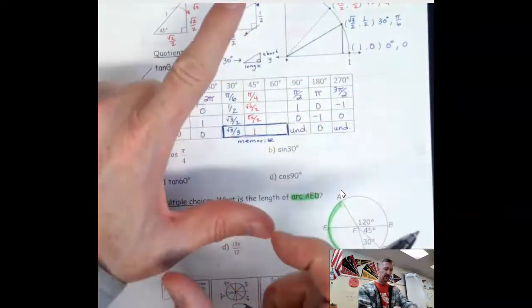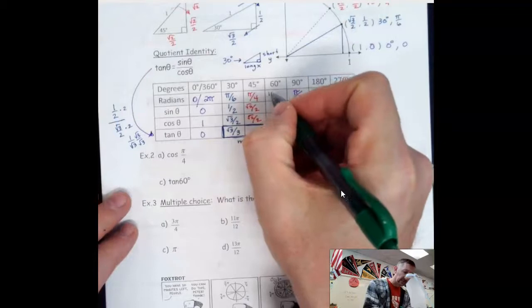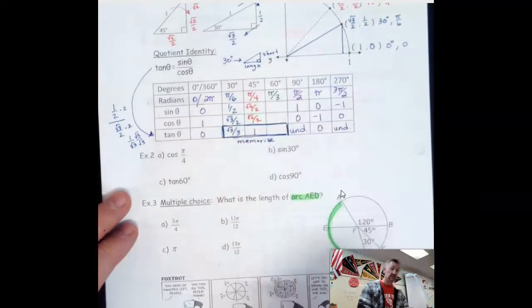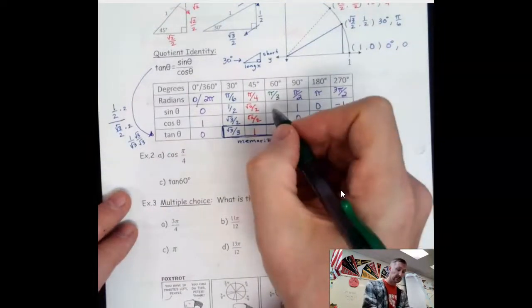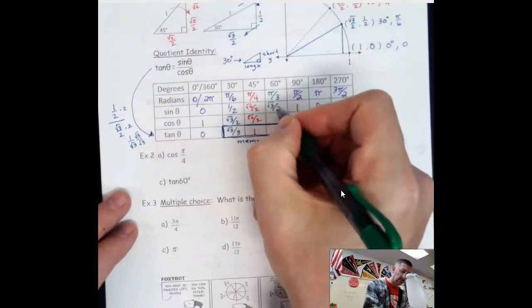So 60 degrees. So in my mind, I would think, okay, 60 degrees is up here. That's a short x and a long y. Well, let's do the radians first. 180 divided by 3 would be 60. Okay, so a long y, that's going to be root 3 over 2.